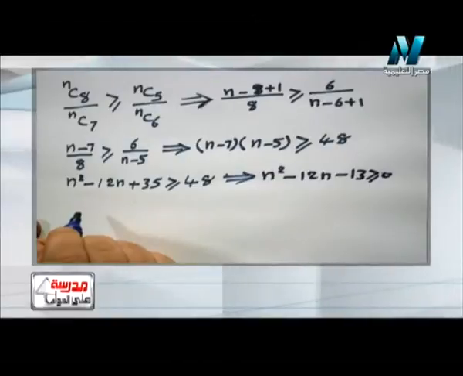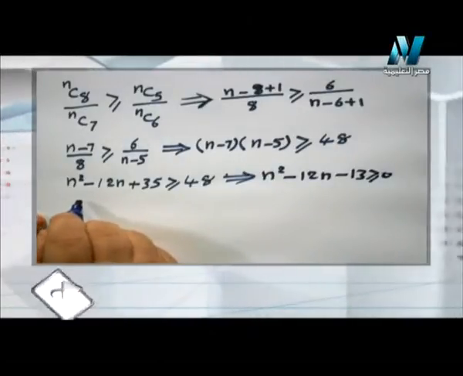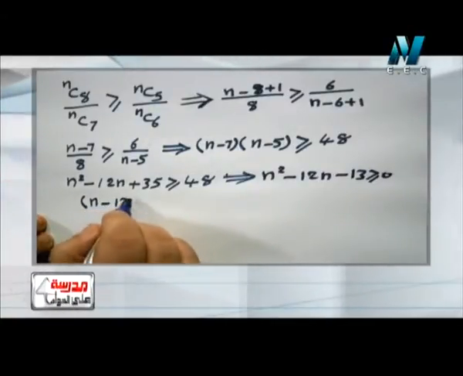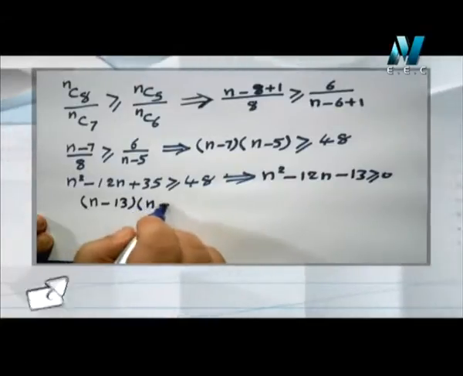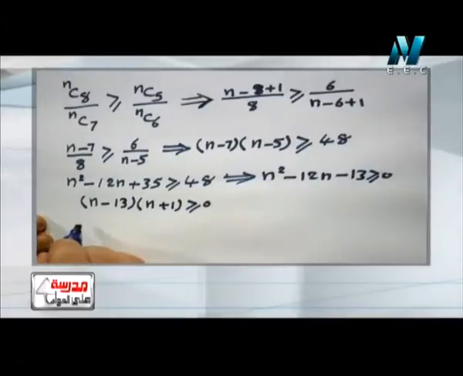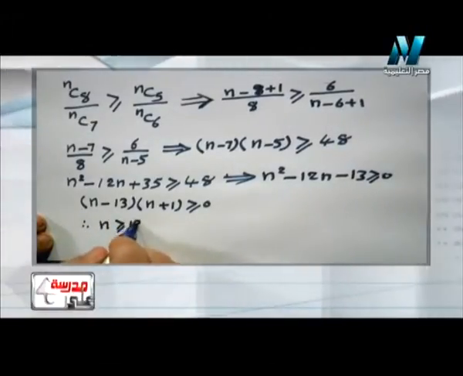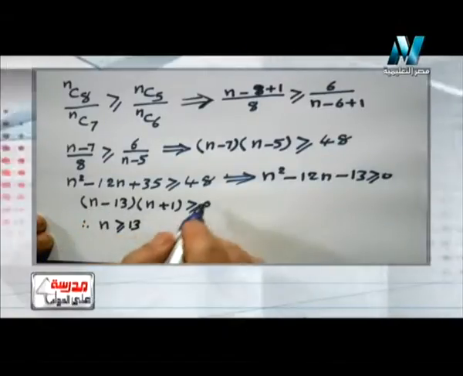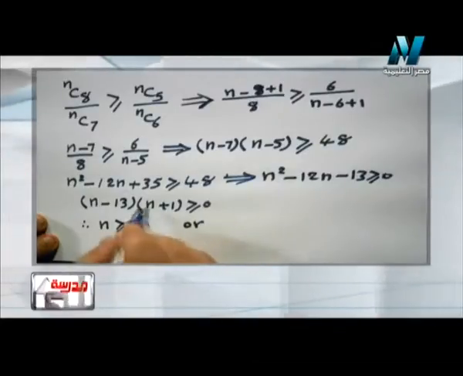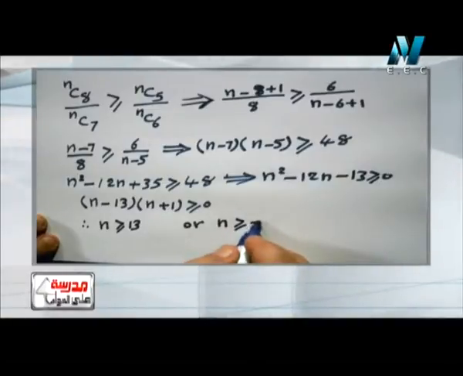Now we can factorize n square minus 12n minus 13 into (n minus 13) by (n plus 1) greater than or equal to 0. Therefore, n greater than or equal to 13 from n minus 13 greater than 0, and n plus 1 greater than 0, n greater than or equal to negative 1.